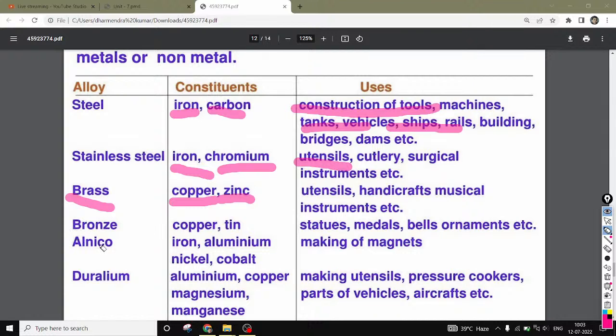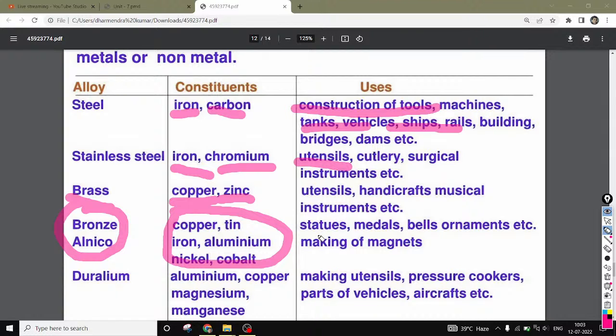This bronze is made up of copper and tin, right? So this bronze is nothing but a normal alloy, right? And then there is alnico, right? So with the mixture of copper, tin, iron, aluminum, nickel, cobalt, we are getting this alnico. And the use of this alnico is for statues, right?